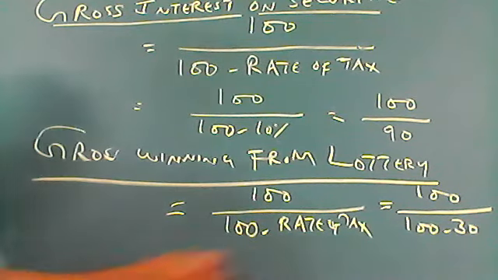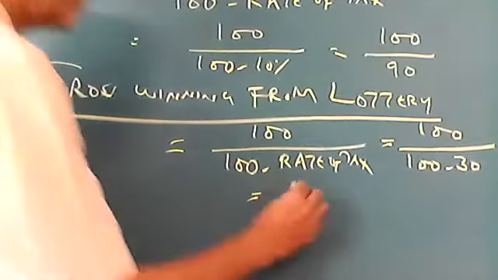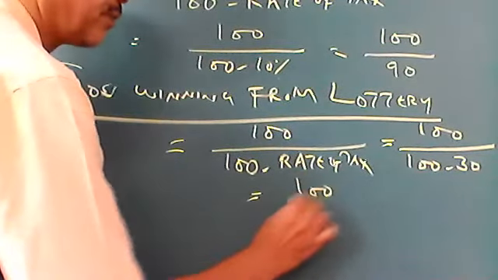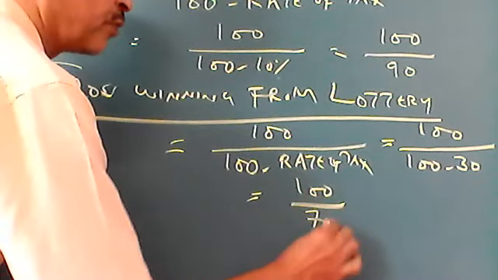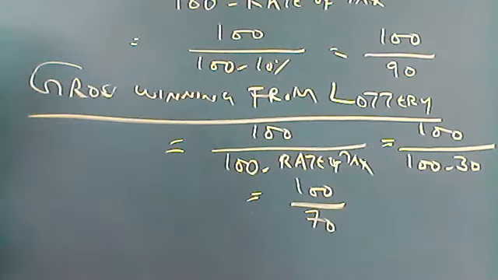So that is 100 by 70. This is the formula you have to apply to compute gross winning from lottery. The previous one is gross interest on securities.